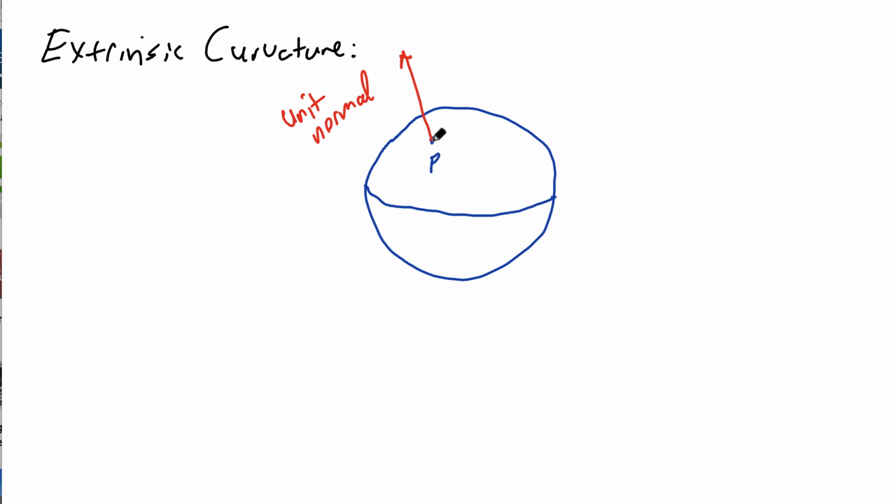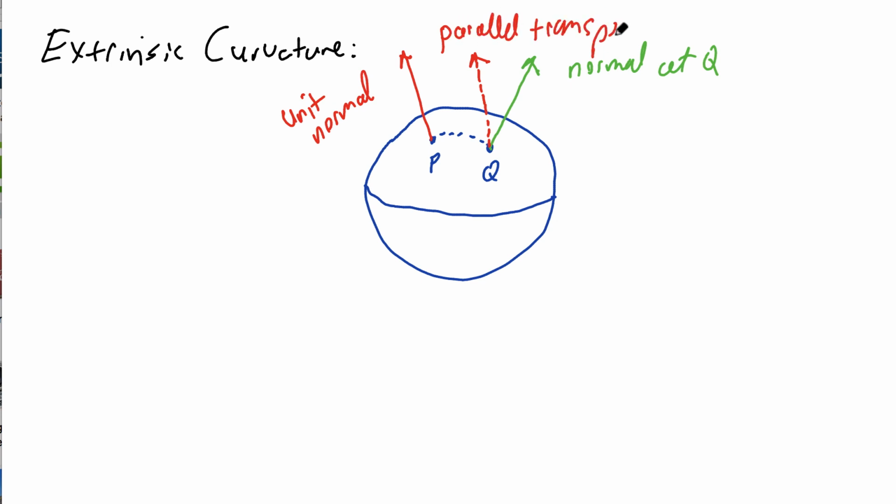And now we parallel transport that vector to another point, say point Q. And this is the normal vector that sits at point Q. When we parallel transport this vector, we parallel transport it as a vector within the three-dimensional embedding space. So the parallel transported vector would look like this. Then we subtract these two vectors, and that gives us a quantitative definition of the extrinsic curvature of this space.